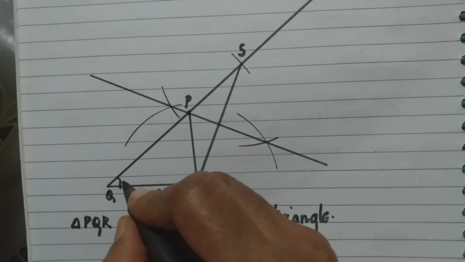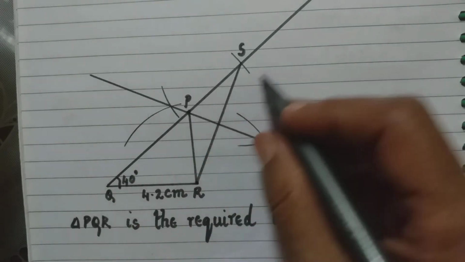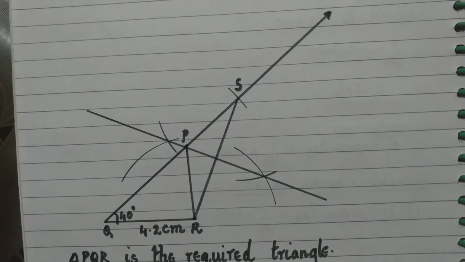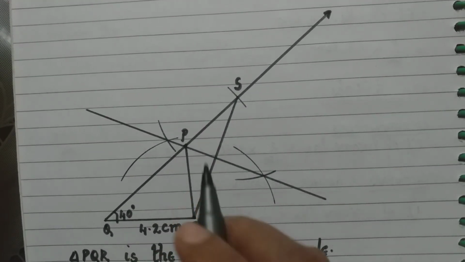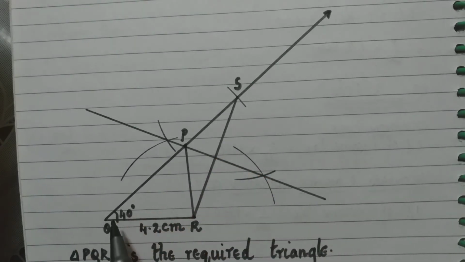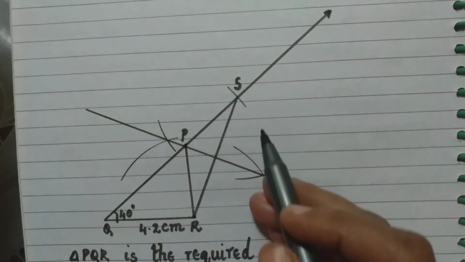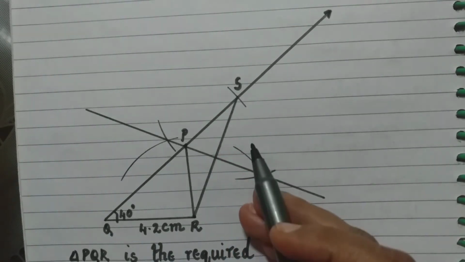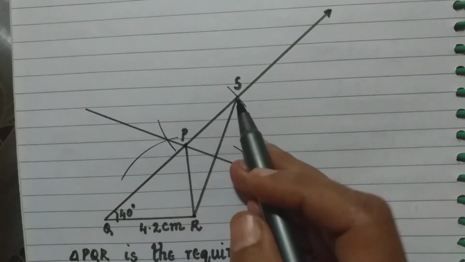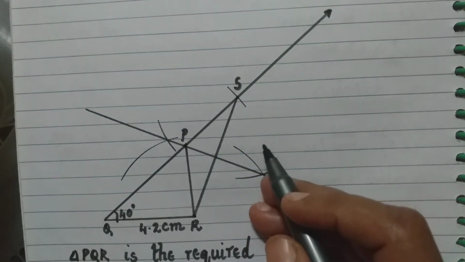The ray was of 40 degree. We extended the ray. Then we took the compass or the rounder. We measured 8.5 centimeter. So with Q as the center, we drew an arc which cuts this ray. And where the arc cuts this ray, we marked this vertex as S.